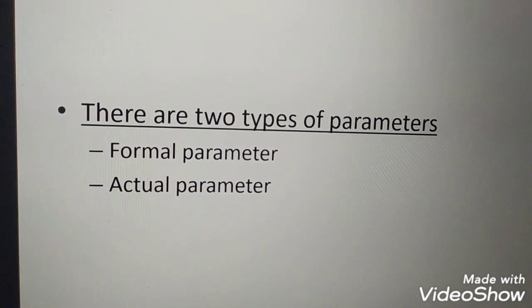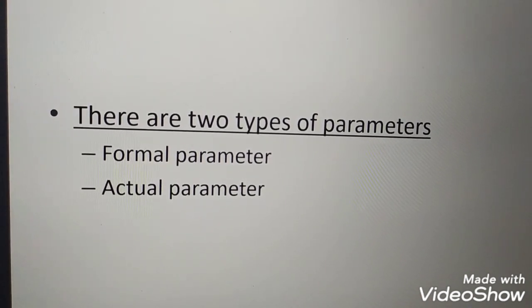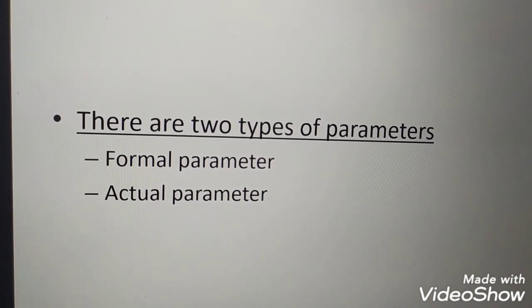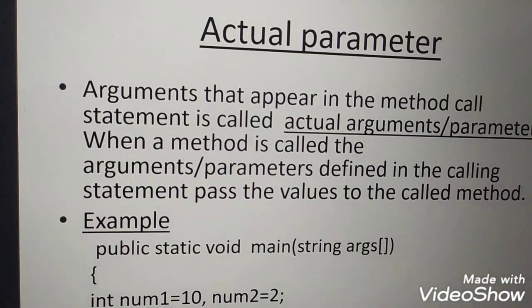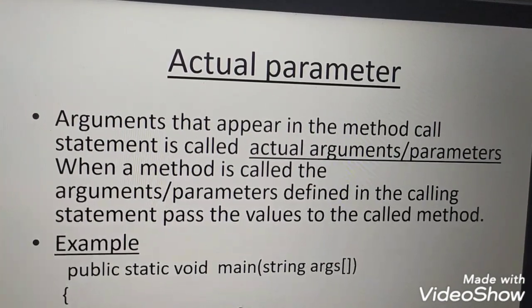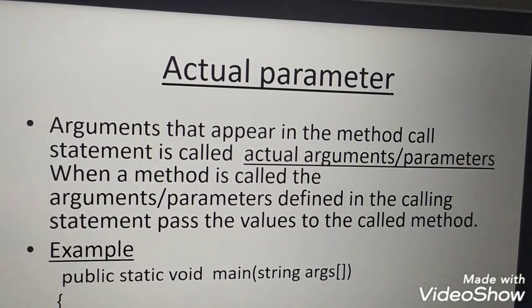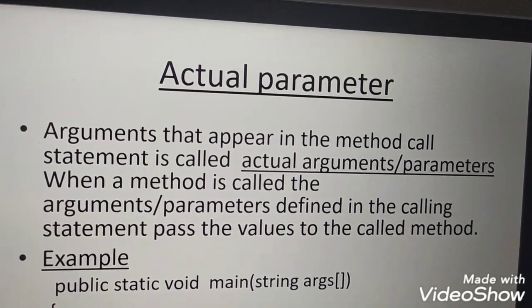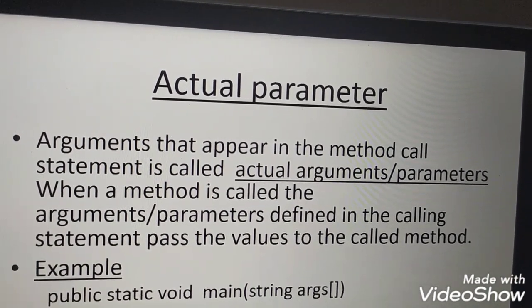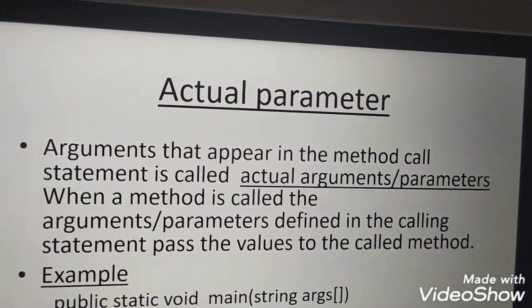Now here you see there are two types of parameter, the formal parameter and the actual parameter. We have to discuss what they are. Just look at the actual parameter. The argument that appears in the method call, that is in the calling function, that statement is called the actual argument or parameter.